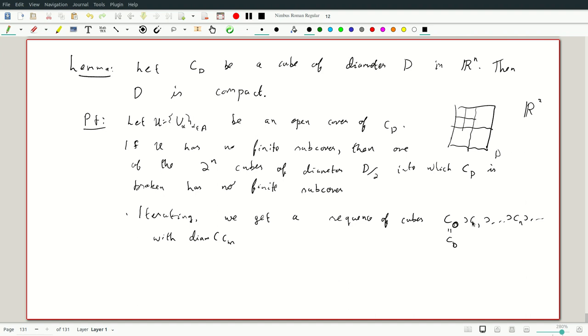Maybe n is a bad choice because n was our dimension. The diameter of Cm is going to be equal to 2 to the power of minus m times d, and with no Cm having a finite subcover.